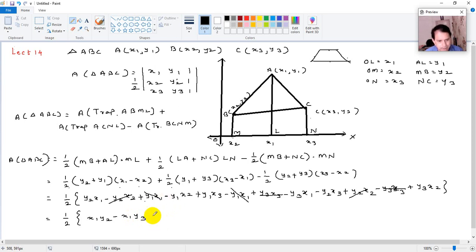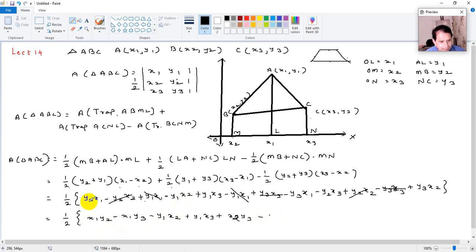I will write those terms here, minus y1 x2, and then we can verify. Then you have plus y1 x3. Then you have plus x2 y3, and finally y1 x2 with minus sign. Sorry, y2 x1. y2 x1 nowhere written, right? y2 x1 is written there. Okay. So what should be this?